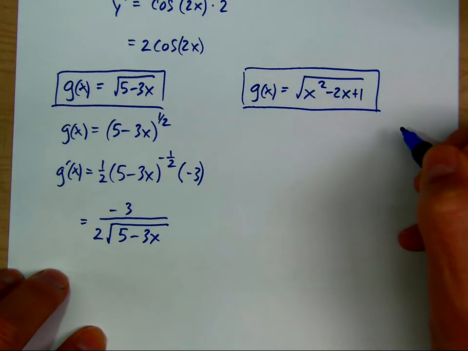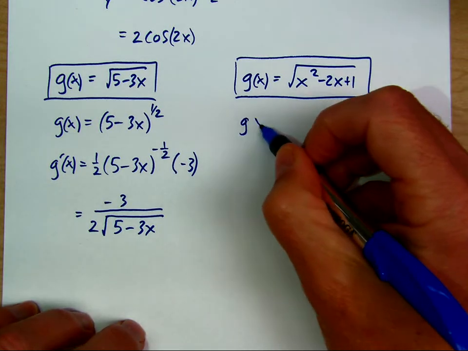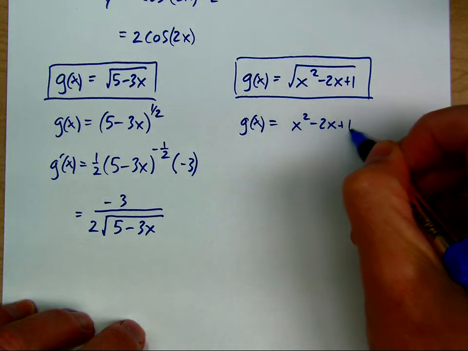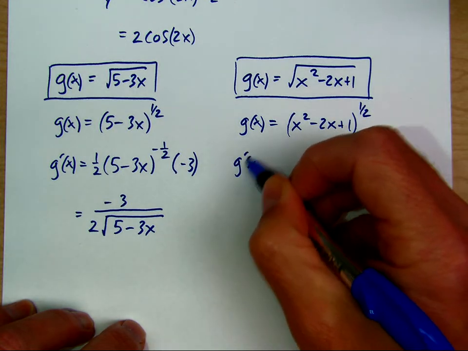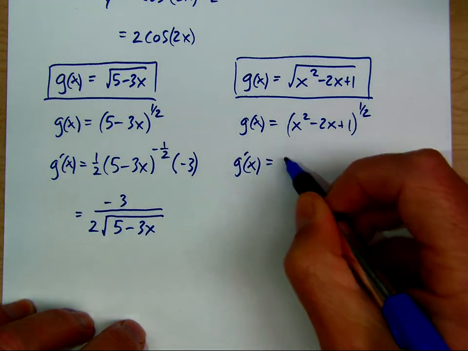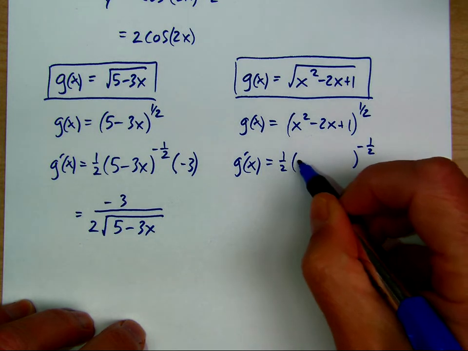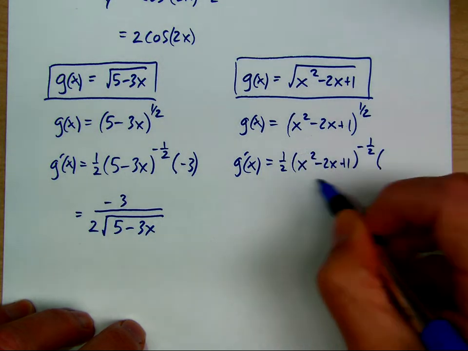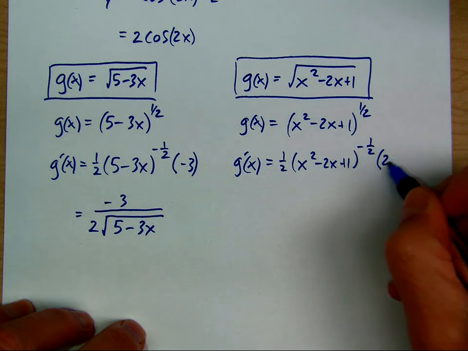And pause the video and try that one. Derivative of the outside, leaving the inside the same, times the derivative of the inside. The derivative of x squared is 2x.